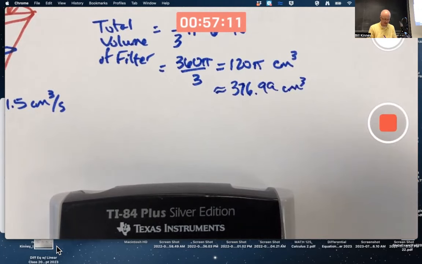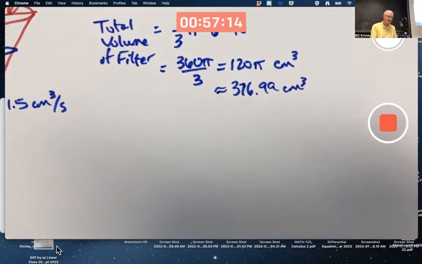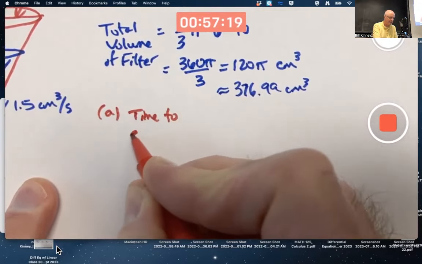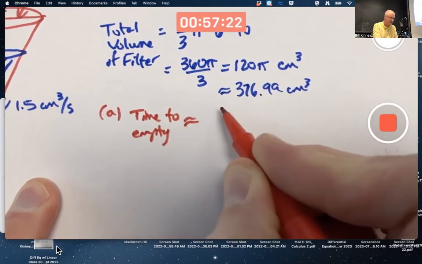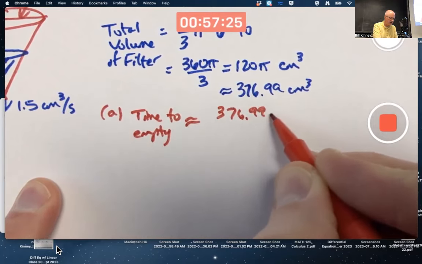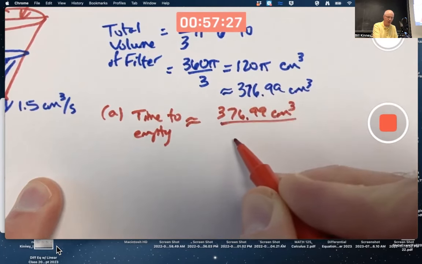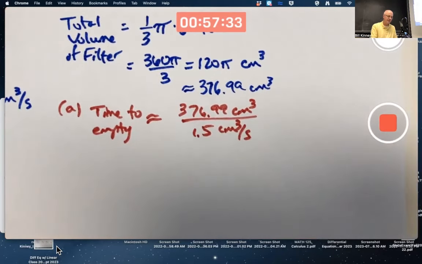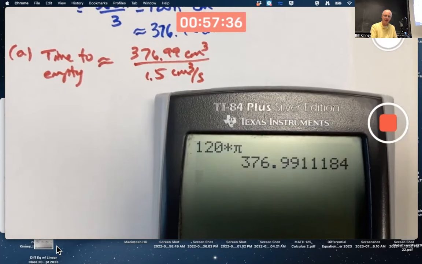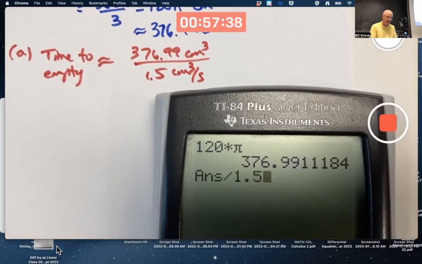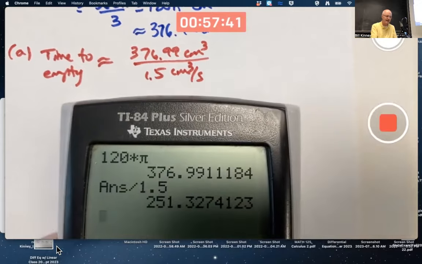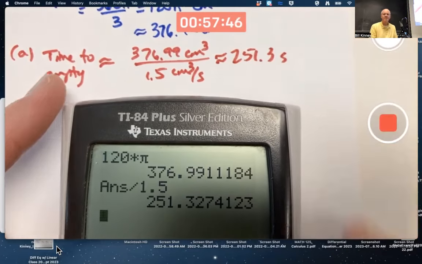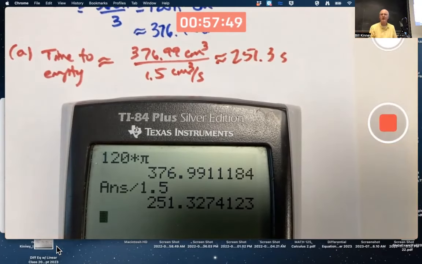So the time to empty is approximately 376.99 cubic centimeters divided by 1.5 cubic centimeters per second. The cubic centimeters cancel, giving us the amount of time in seconds. Divide this by 1.5, you get about 251.3 seconds. And what would that be? A little over 4 minutes.